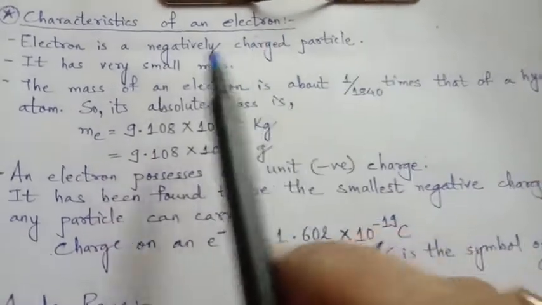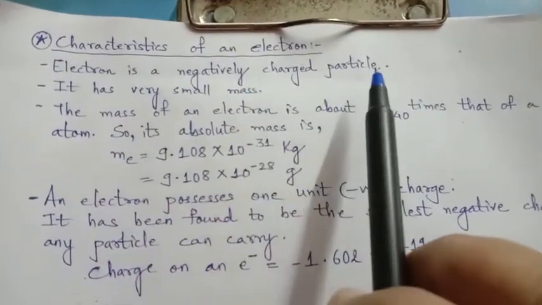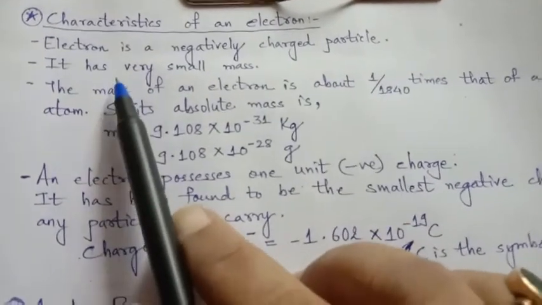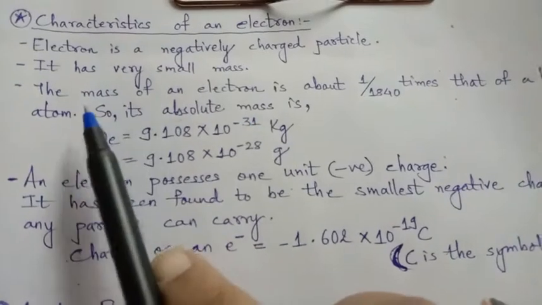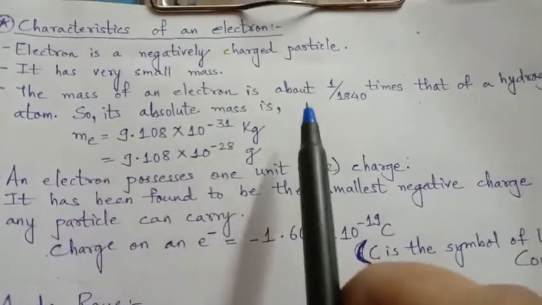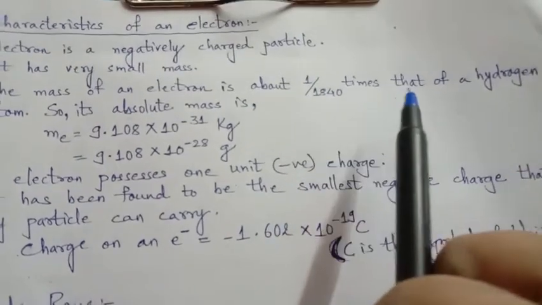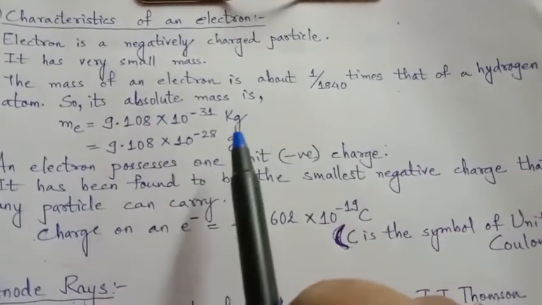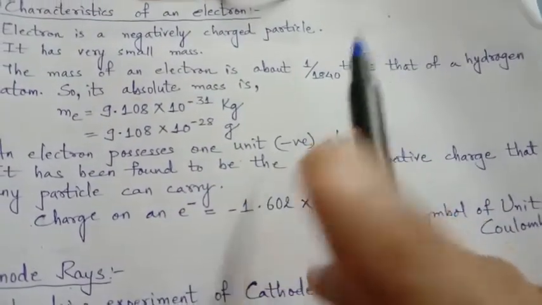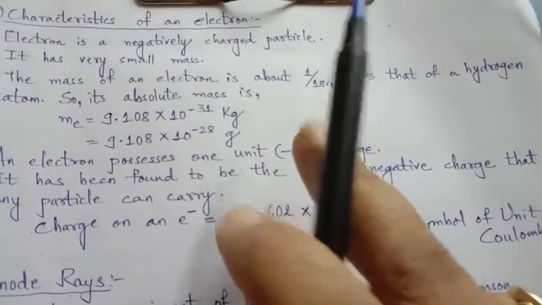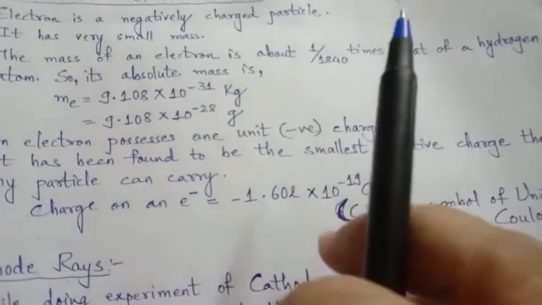So we can say that an electron is a negatively charged particle, and it has very small mass. The mass of an electron is about 1 upon 1840 times that of a hydrogen atom. Now we know that a hydrogen atom has a mass of only 1 atomic mass unit because it has only 1 proton and no neutron.